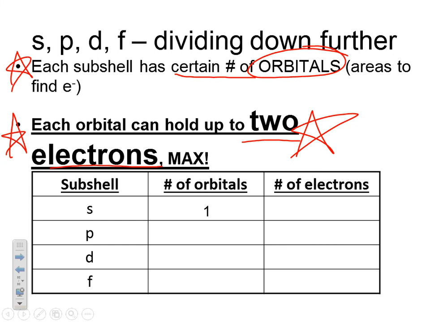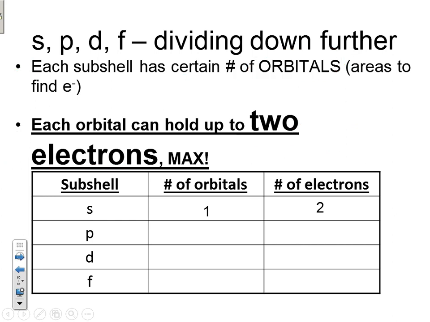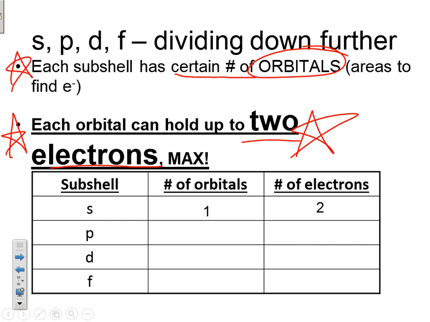So how many electrons can an S subshell hold? 2, because each orbital can hold 2 electrons maximum. So that means that the S subshell can hold a maximum of 2 electrons because it only has 1 orbital. And every time you see an S, whether it's the S in the 1st energy shell or the 3rd energy shell, it's still only going to have 1 orbital.